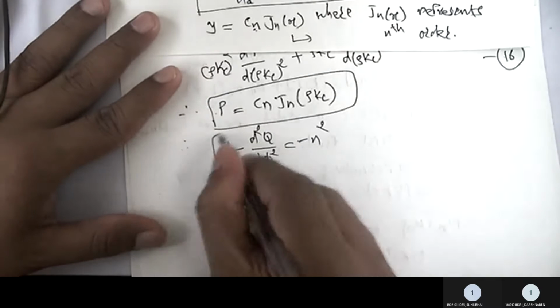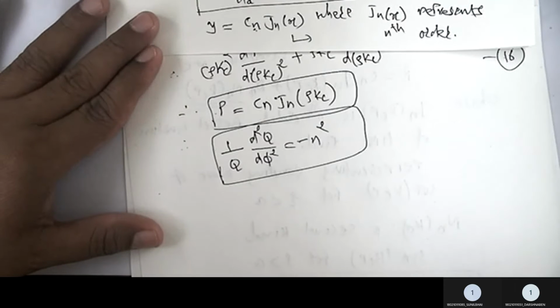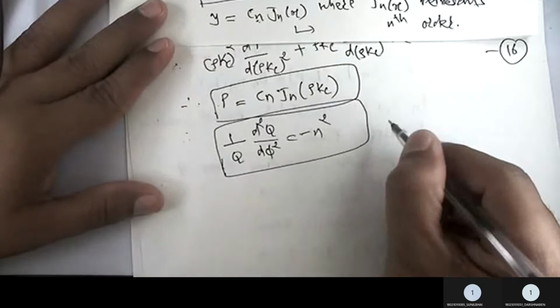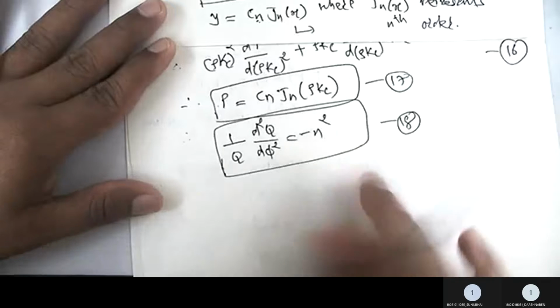So this is also a kind of differential equation. We can have the solution of this q part; this one is our 17th, this one is our 18th.